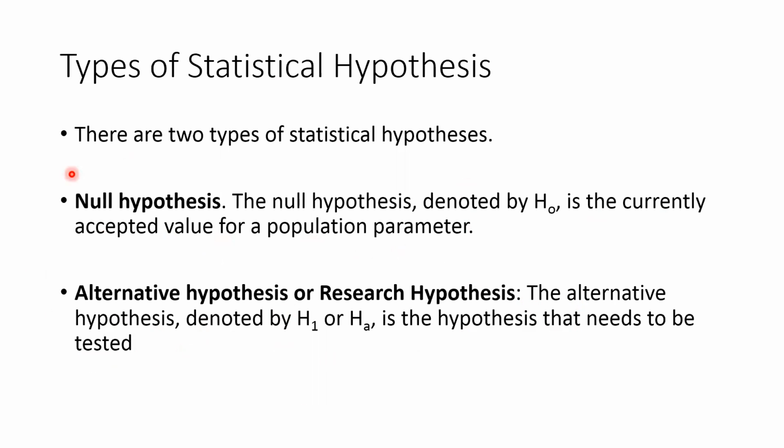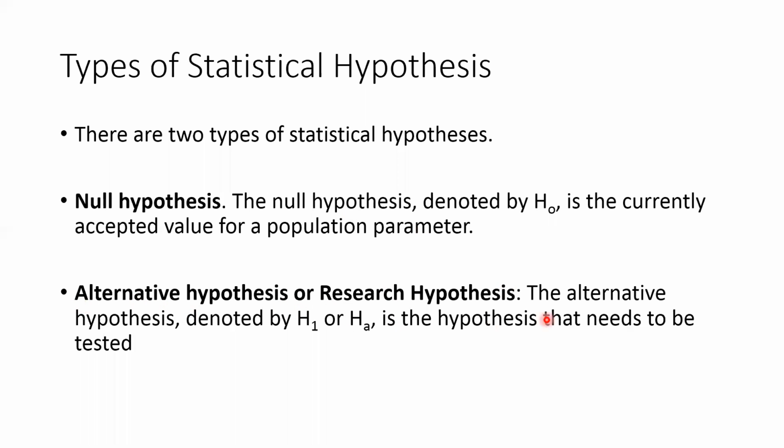By default we assume that the null hypothesis is true. If somebody does research and comes up with a value which is different from the value given by the null hypothesis, that we will call the research hypothesis.